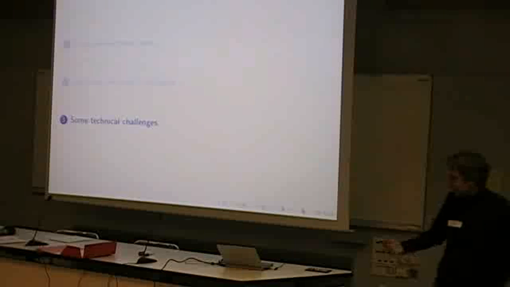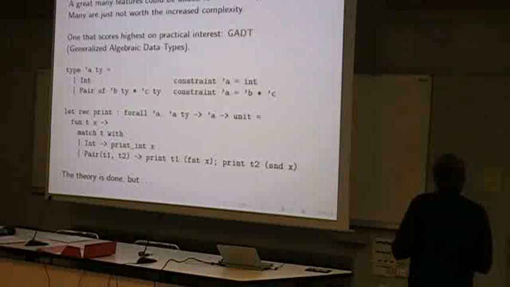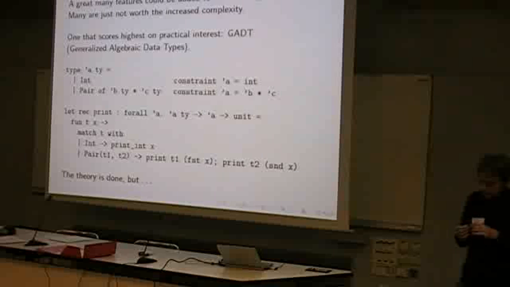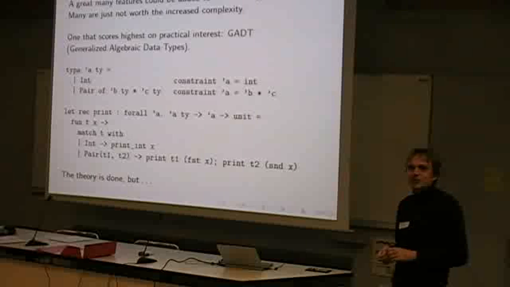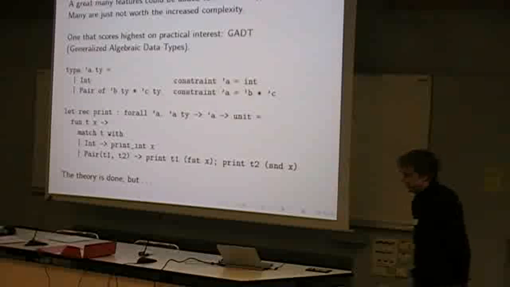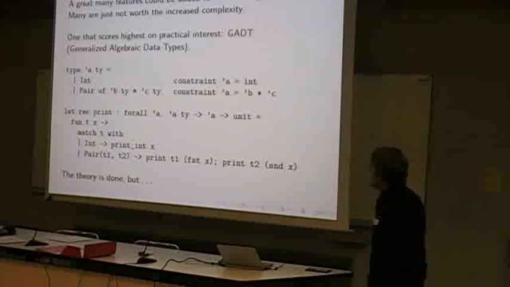So let me move on to a couple of technical challenges. I could have taken many more examples, but time is short, so I selected 2. One obvious direction for future work is more type system goodness. Of course we could add lots of mechanisms in the type system to type check some programming idioms more precisely.